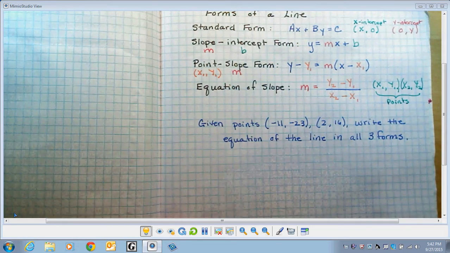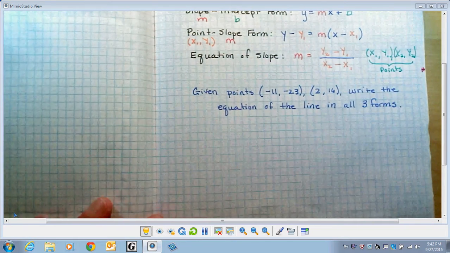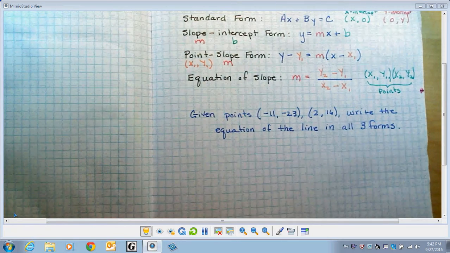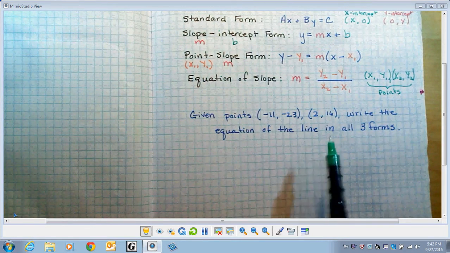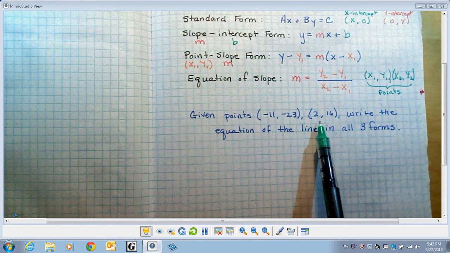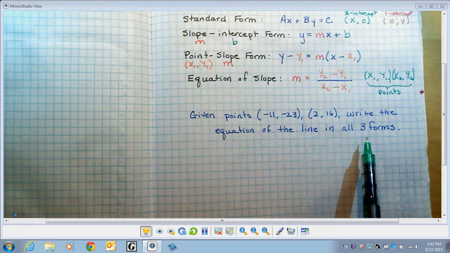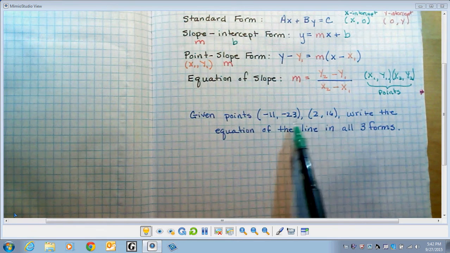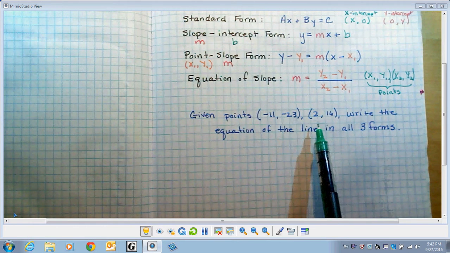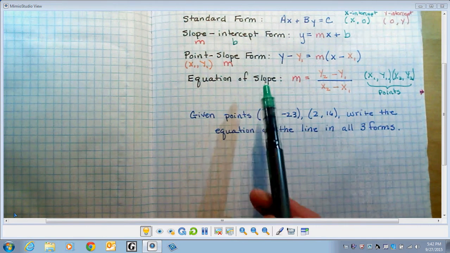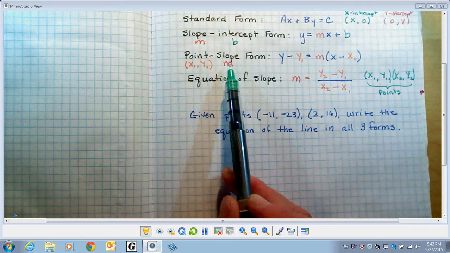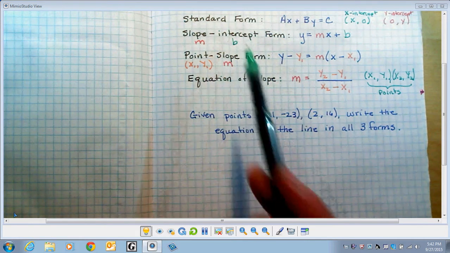Okay, so let's look at the problem that we have at hand. Our problem is that we're given simply 2 points, and we want to write the equation of the line in all 3 forms. So I could graph this and then try to figure it out, but then I would have a very difficult time with trying to figure out what my standard form is.